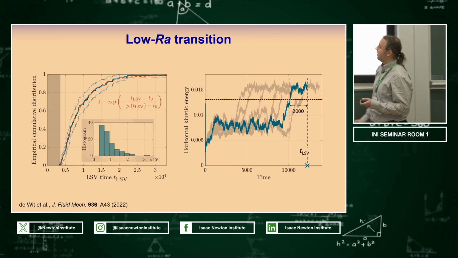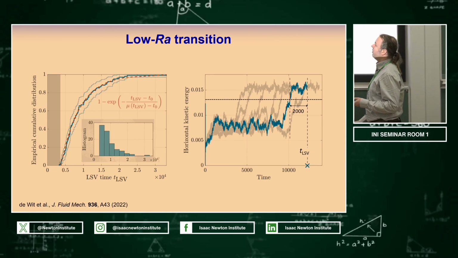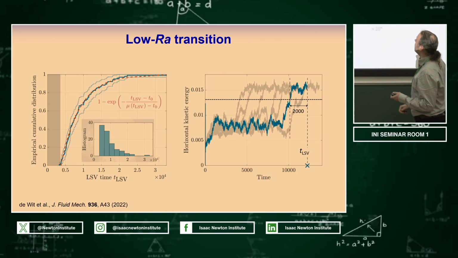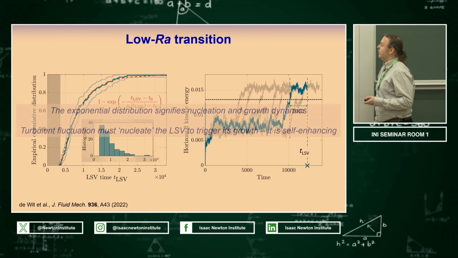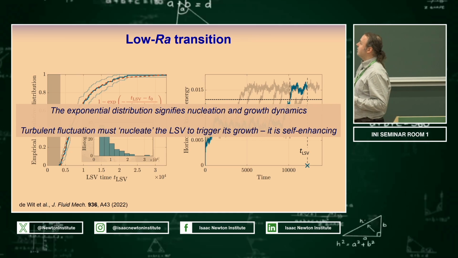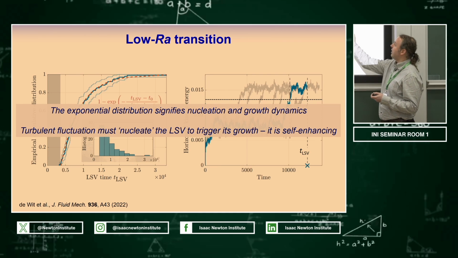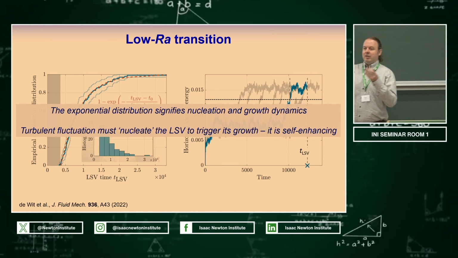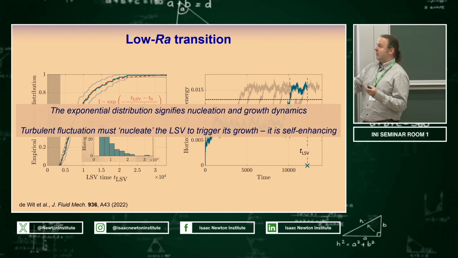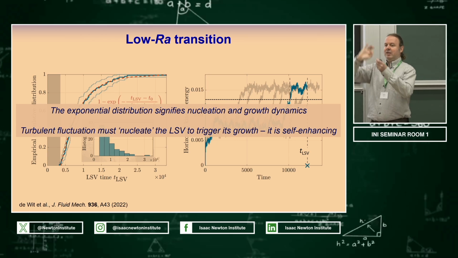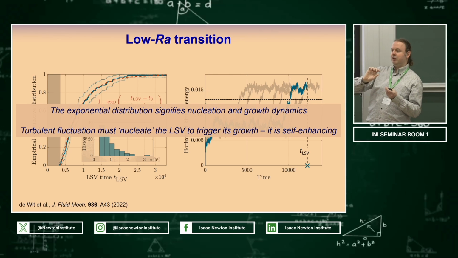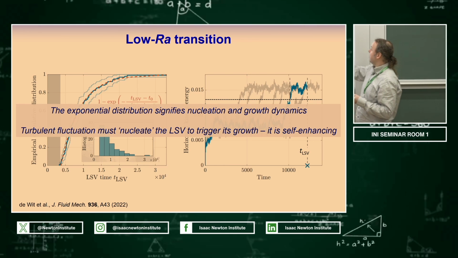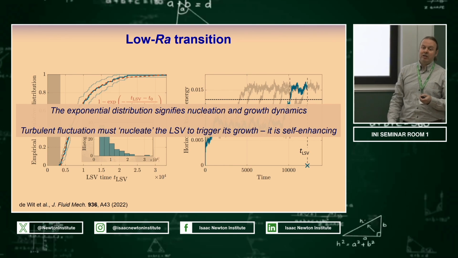This is shown here on the left, where the cumulative distribution turns out to be this nice exponential curve. And the conclusion there is that this exponential distribution of the waiting time signifies some kind of nucleation and growth dynamics. So the system is there and it's just waiting for this final trigger, this turbulent fluctuation that is strong enough to push it over the hill, and then it can go. And this growth process is further self-enhancing.